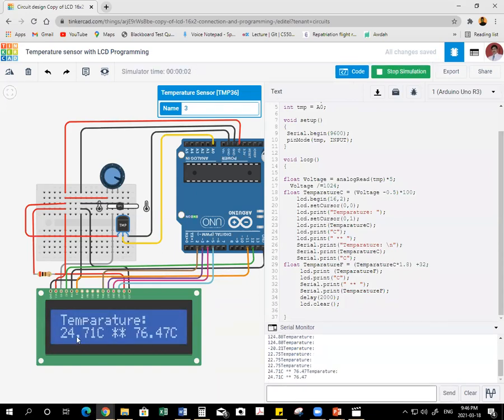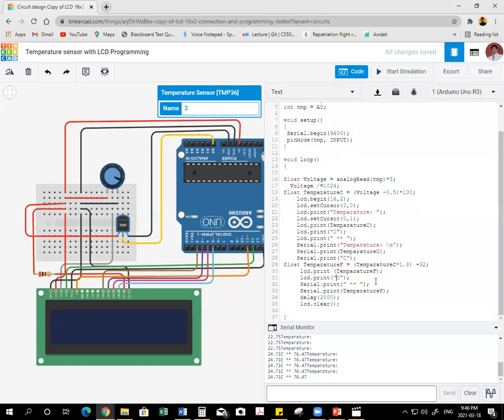See, I am printing temperature in degree centigrade and degree Fahrenheit. See here the error. This is not C, this should be F. In LCD print, it should be F. And here also I have serial dot print. I have to print F and \n. So in serial print also I must have the same thing.